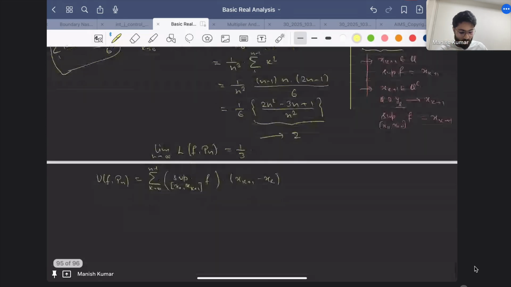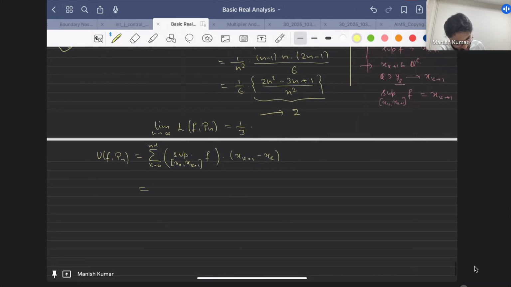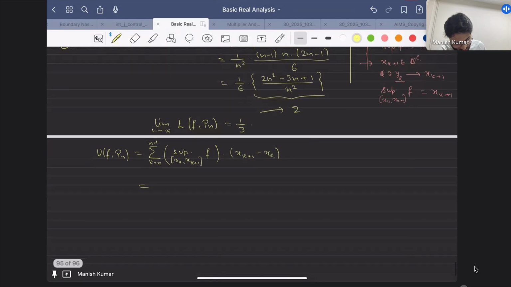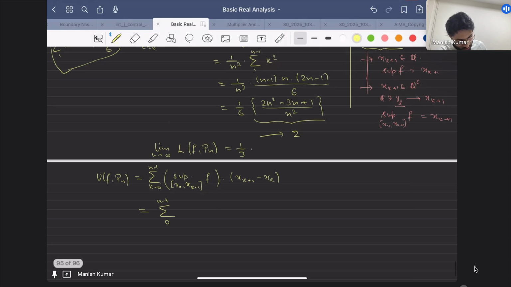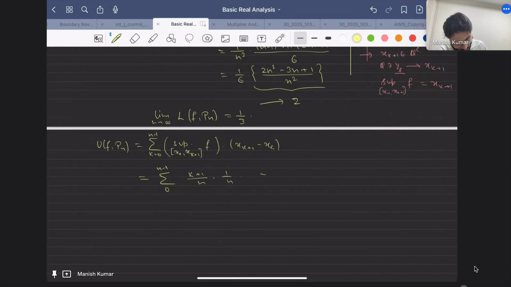Now similarly we can do for the supremum part. We will just try to see what comes up here. So this is k from 0 to n minus 1. The supremum, as I told you, will be xk plus 1. Sorry, this is k plus 1 upon n and into 1 by n. So I can take 1 by n square out, and then you have summation of k plus 1, so this is 1 to n summation k.